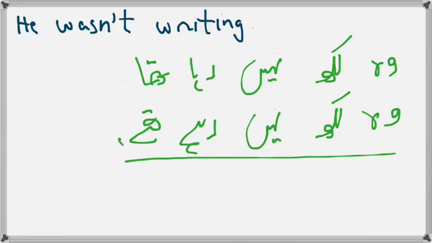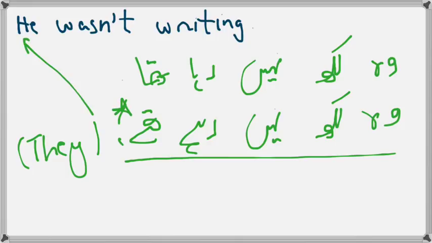And usually when we are talking about a group of male, then we use this, वो लिख नहीं रहे थे. Or when we want to show our respect to a single third person, then we say वो लिख नहीं रहे थे.